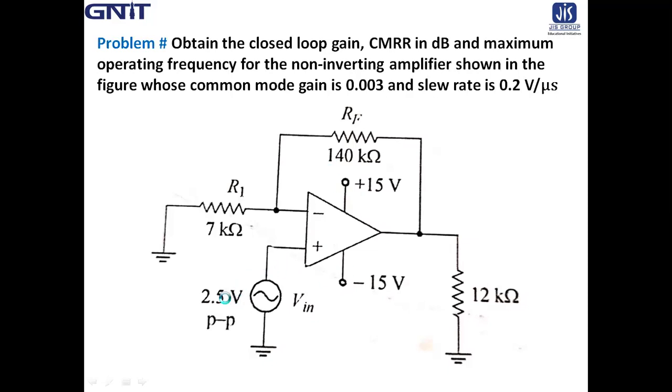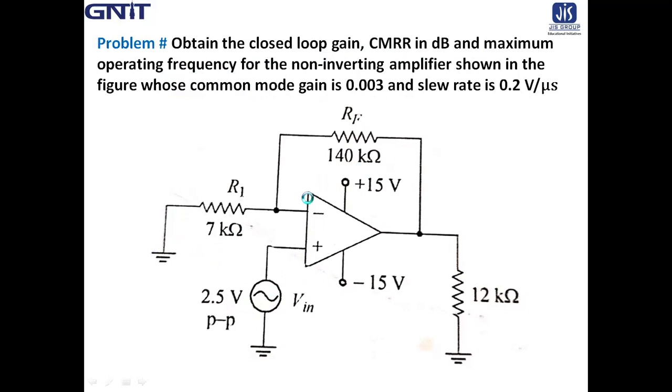So first see, this is the circuit. It is a non-inverting amplifier because the voltage source is connected to the non-inverting terminal and inverting input terminal is grounded. And you have to find out the closed loop gain, CMRR, and maximum operating frequency, whereas common mode gain and slew rate is given.